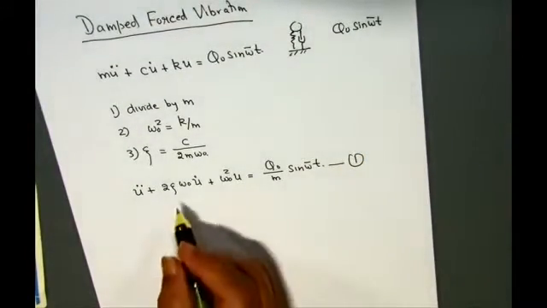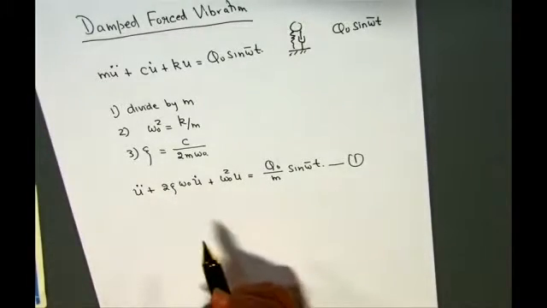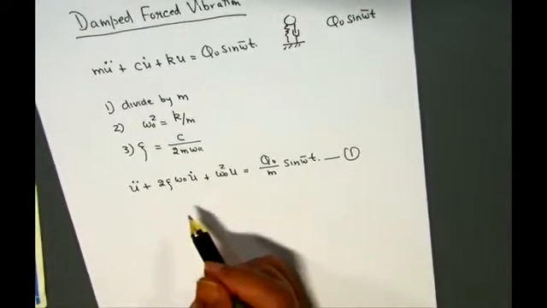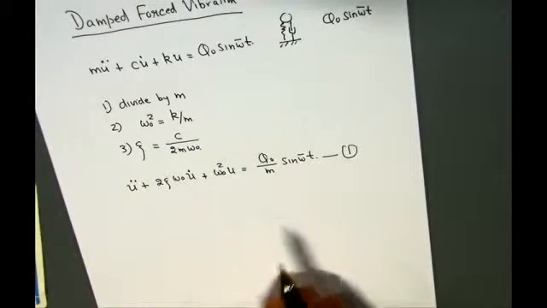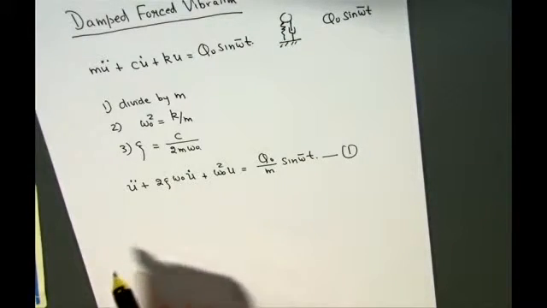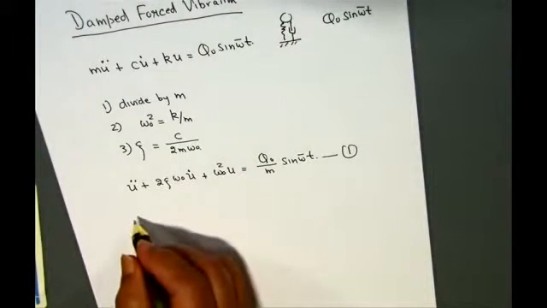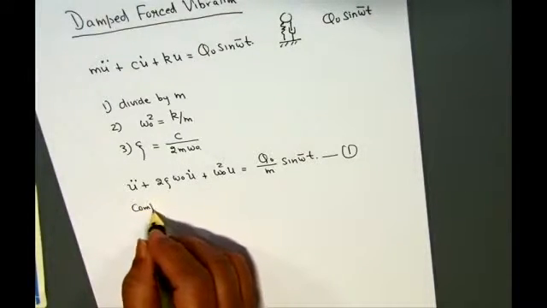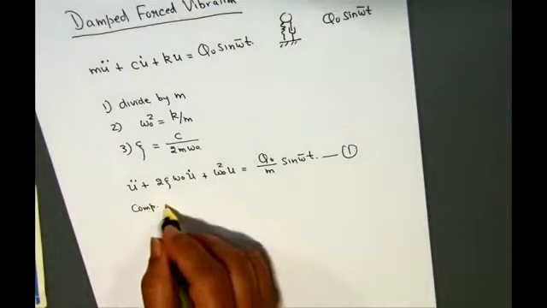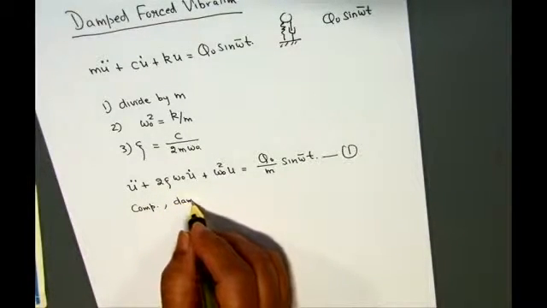Now this equation of motion, as you know, will have a solution with two parts. One is complementary and the other is particular, just like in the previous case. So let's start with the complementary solution. It will have a damping effect included.